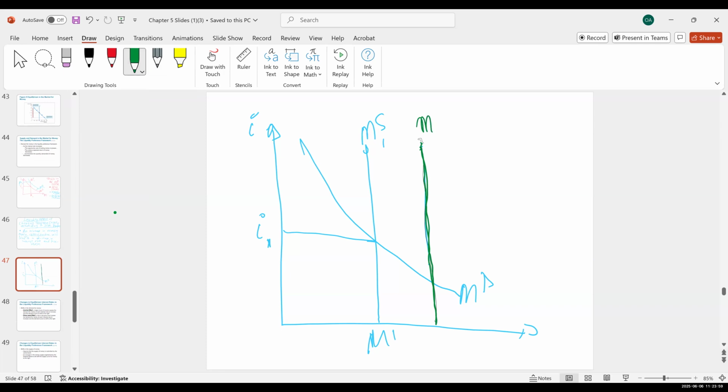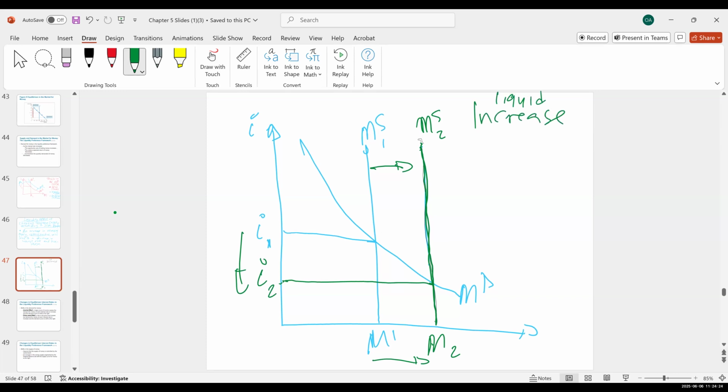So this is M2. The new equilibrium is where the green line, the new money supply line, intersects the money demand. So interest rate would fall, according to Keynes. This is what we call the liquidity effect of increasing money supply.